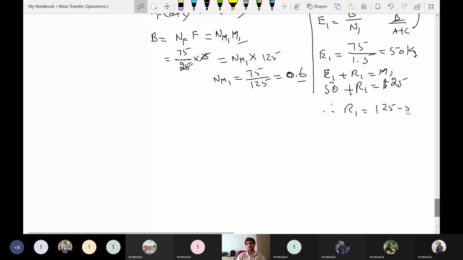Using the component balance, or solute balance: F into YF plus R naught into X naught is equal to E1 into Y1 plus R1 into X1.